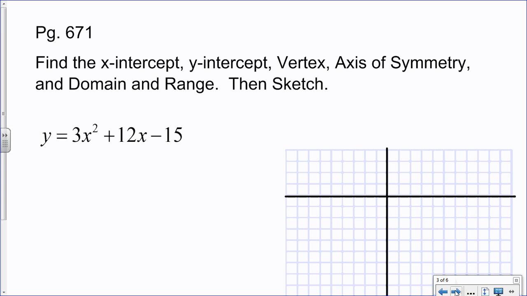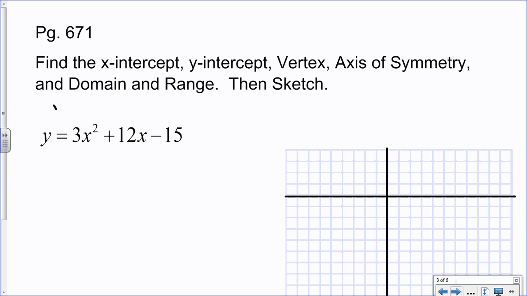So the first thing that I want to do is identify if it's horizontal or vertical. So which one is squared, the x or the y? The x.